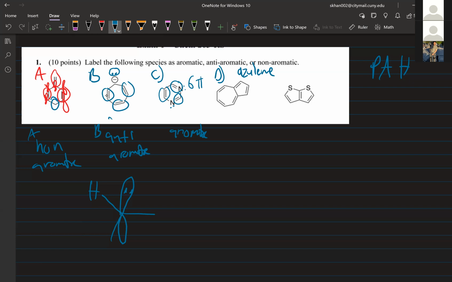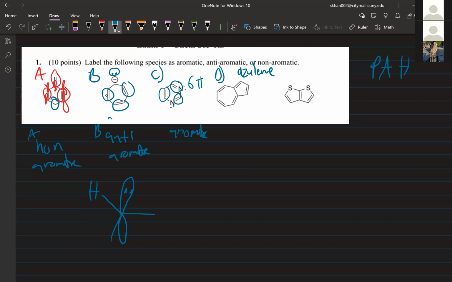The way you're supposed to do it, you don't count all the electrons. You check each ring to see if it's aromatic. Technically, you could also do it together, as if the rings are one giant compound, but what you're supposed to do is independently check each ring.